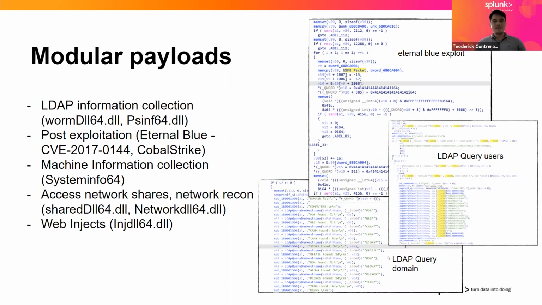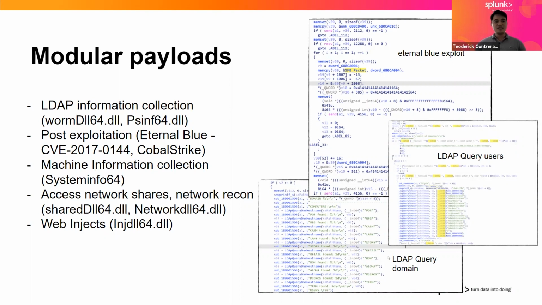Yeah. As additional information, we can see in this slide several screenshots. One of them is EternalBlue code used by the worm DLL64 module of Trickbot, which is used to do lateral movement to compromise more hosts or machines in a targeted network.